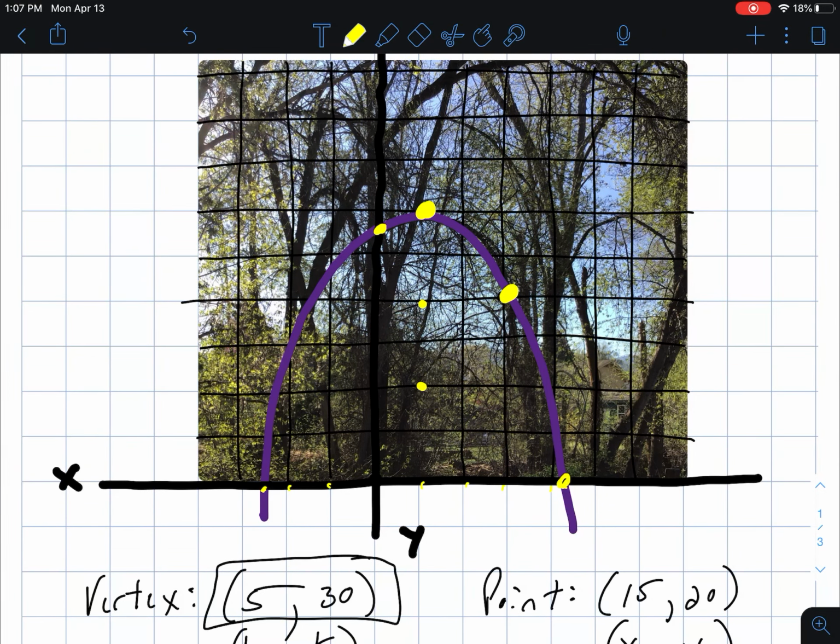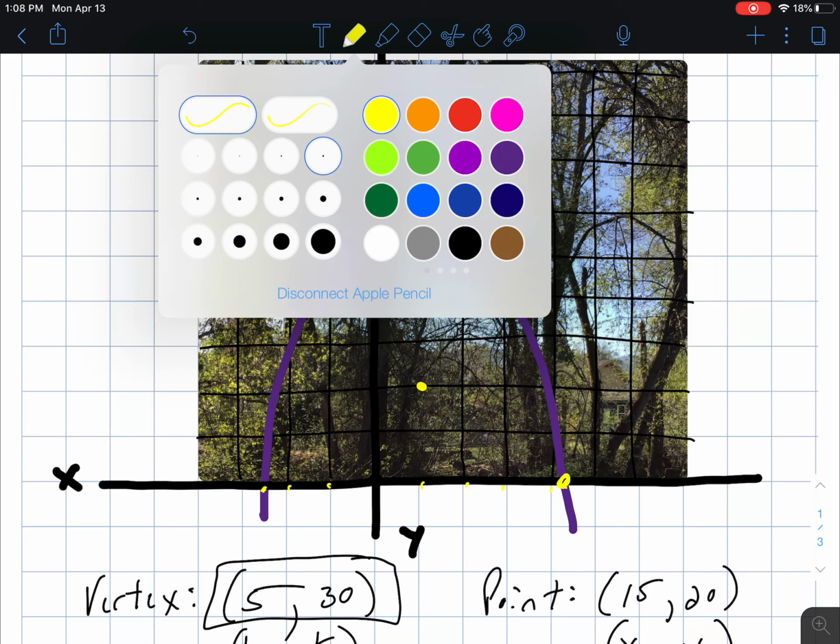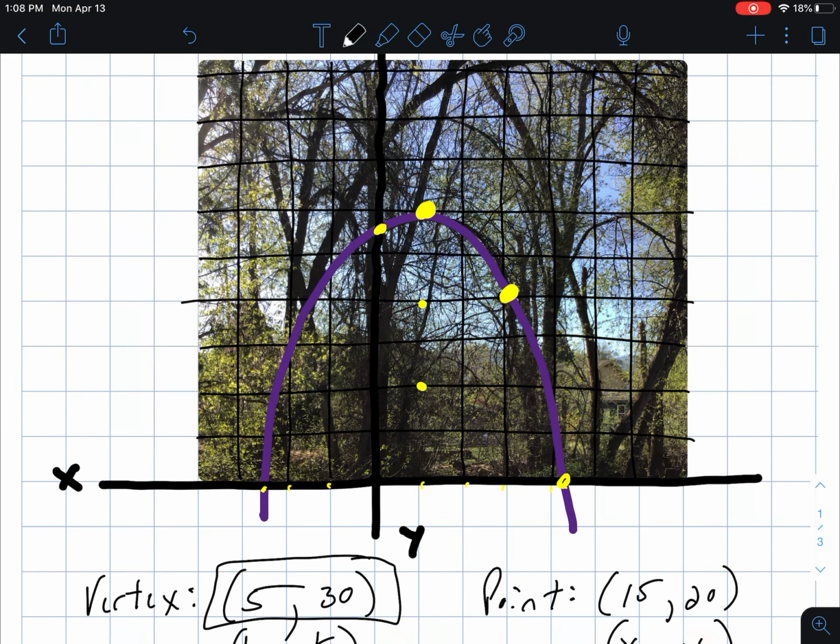Some of the other things we can do, obviously, is once we have that graph, it's pretty obvious to determine that that vertex is going to be a maximum point, right? We can talk about domain and range a little bit.